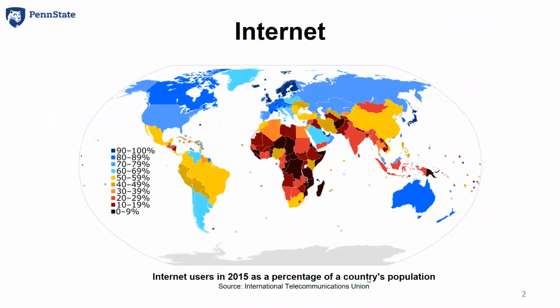In Canada, 80 to 89%. In Asia, China is a little bit lower, 50 to 59%, but the population base is much bigger. China has 1.3 to 1.4 billion, so 50% is around 0.7 billion people using the Internet.